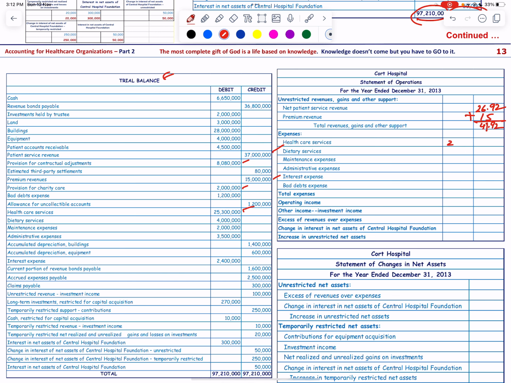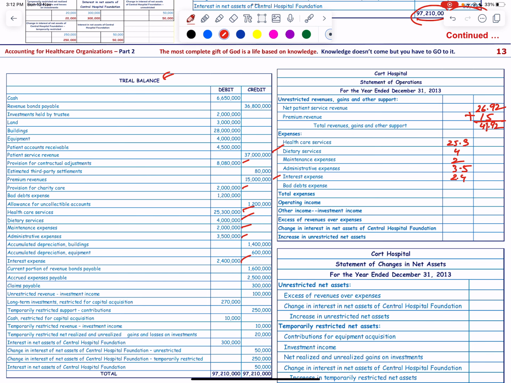25,300,000. Then we have 4 million, then we have 2 million and 3,500,000. And then to this we have the interest expense of 2.4.